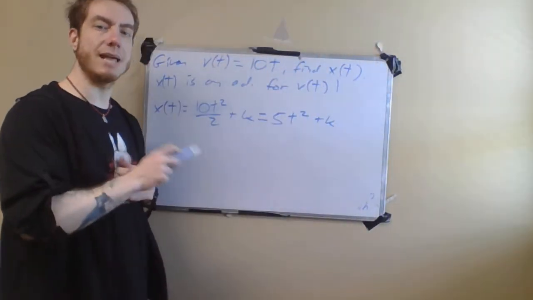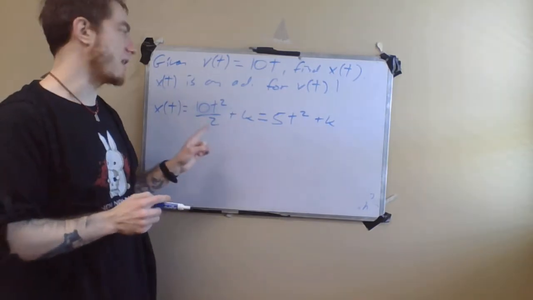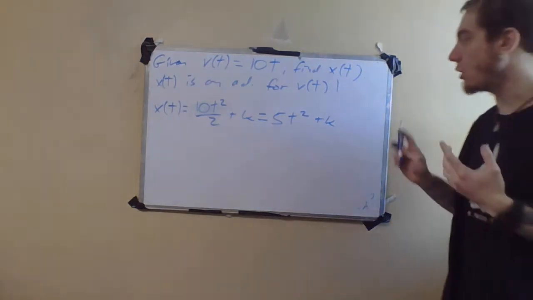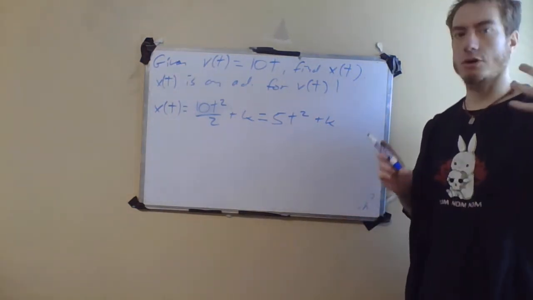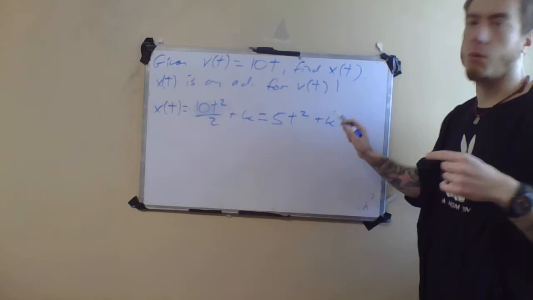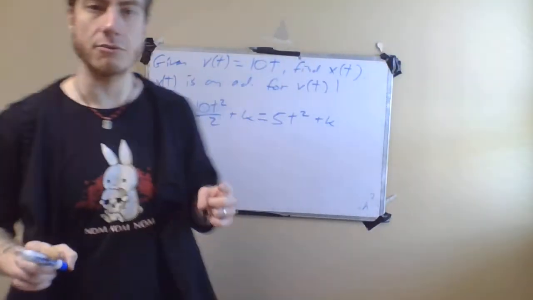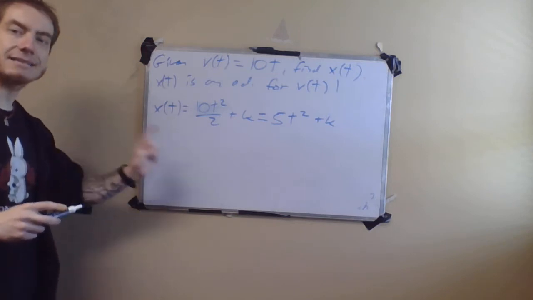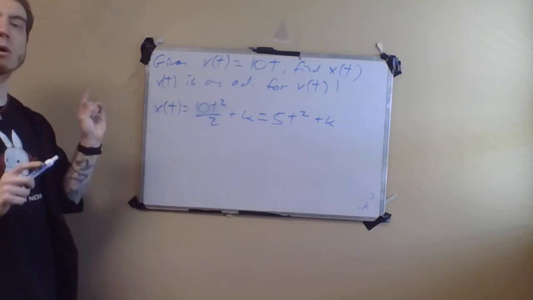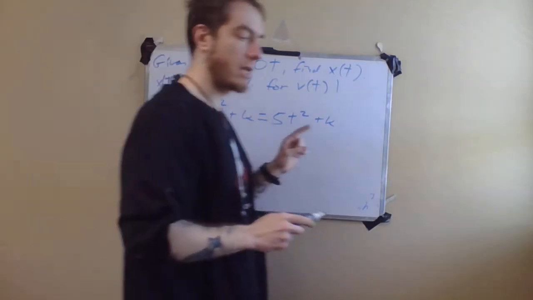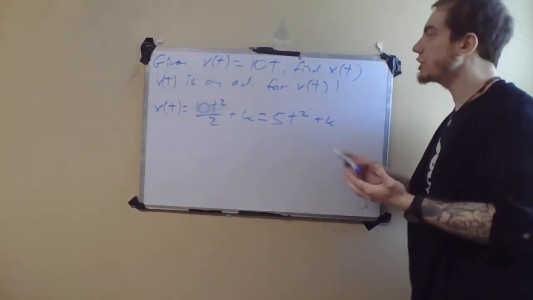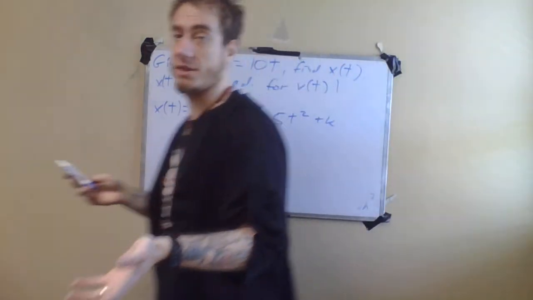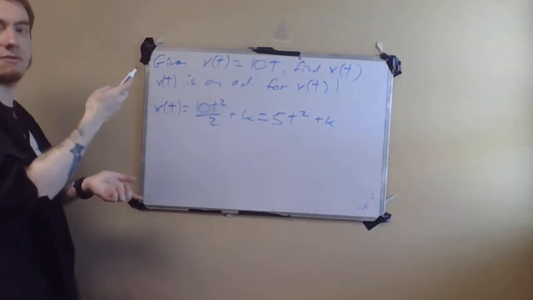And we probably don't like that because we probably want to find the position as a completely defined function. We do not want some random constant floating around in our answer. But here's the problem. It has to be there unless we have more information, because without more information, I can't tell you which particular antiderivative we're interested in. It could be any of them.